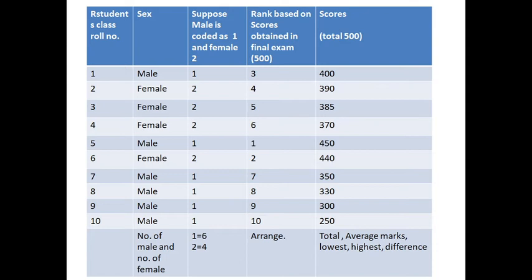Rank 1 obtained 450 marks, rank 3 obtained 400 marks. So the difference is 50 marks. So between rank 1 and 2 there is a difference of 10 marks, but between rank 1 and 3 there is a difference of 50 marks. So this data you can find out because the researcher is using interval scale while collecting the data.